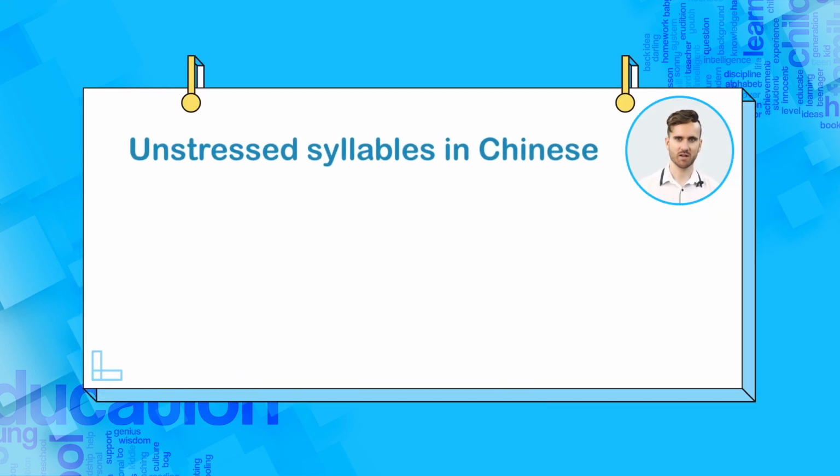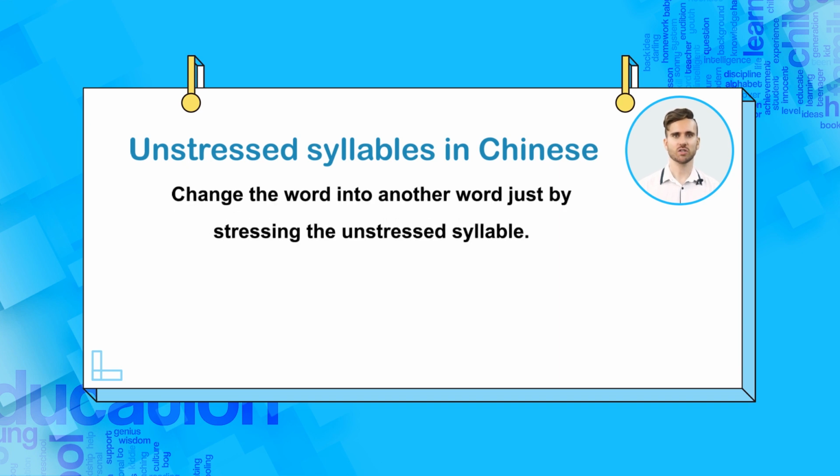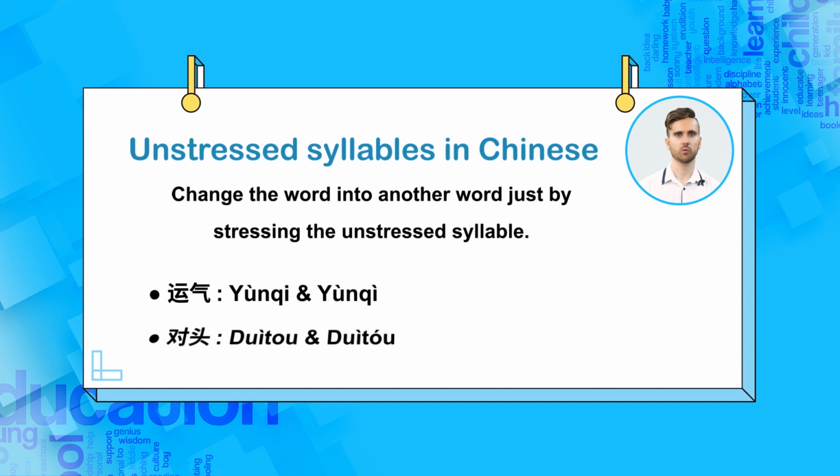Interestingly, in words like this, you can change the word into another word just by stressing the unstressed syllable. Think about the different meanings of these words. 运气, 运气. 对头, 对头. 孙子, 孙子.